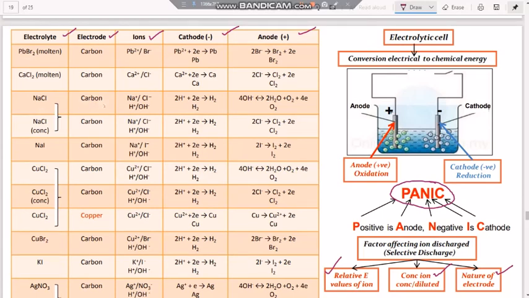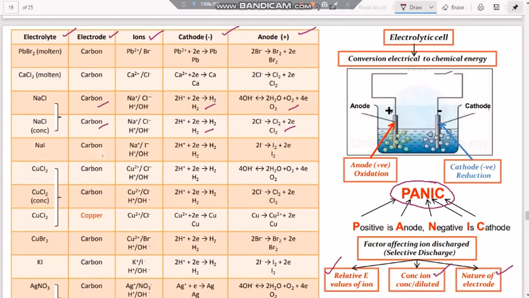If you take sodium chloride and carbon electrodes, the cathode product is hydrogen and the anode product is oxygen. Sodium chloride concentrated with carbon electrodes, then chlorine gas is the anode product and hydrogen is the cathode product, as you said. The cathode product is not difficult to understand here.